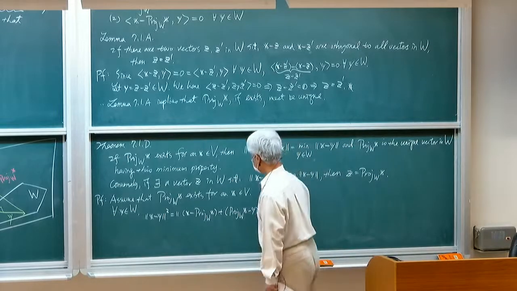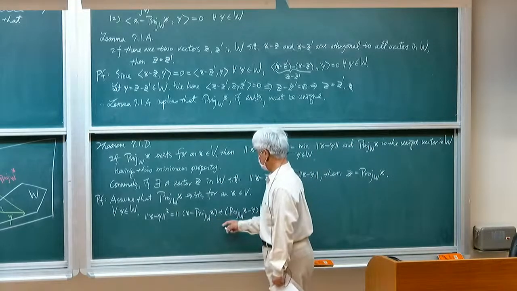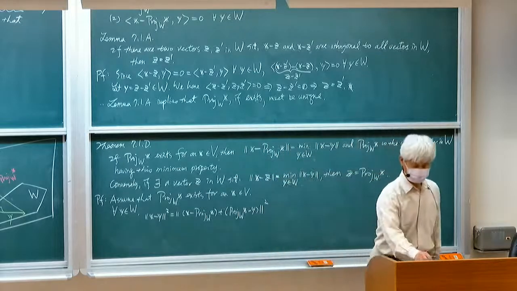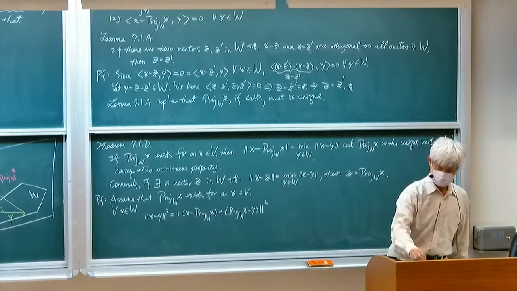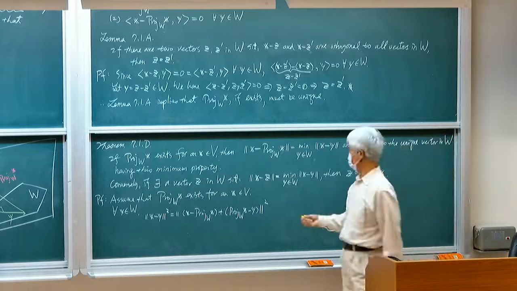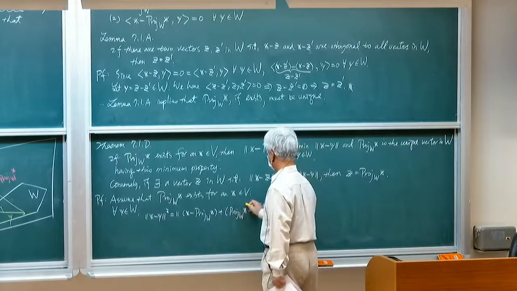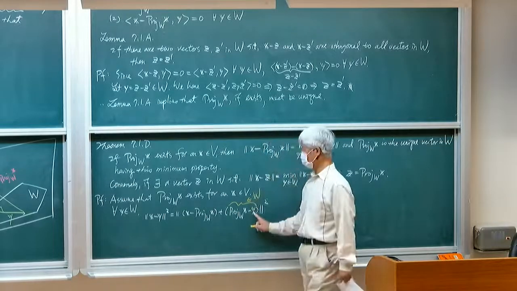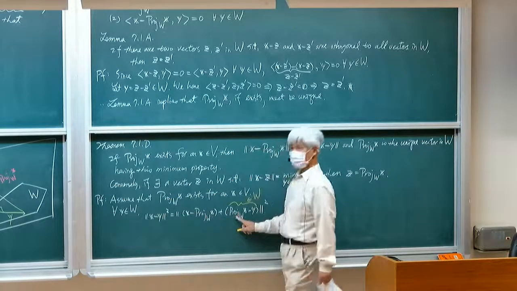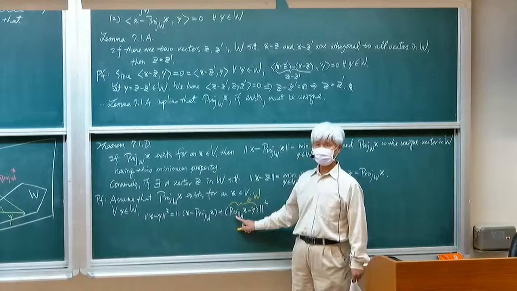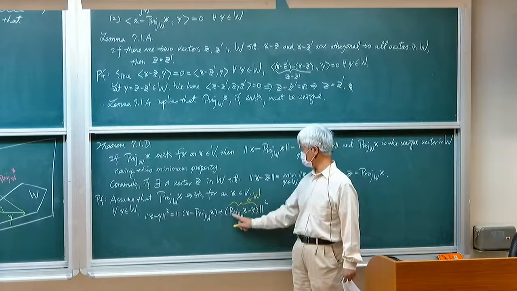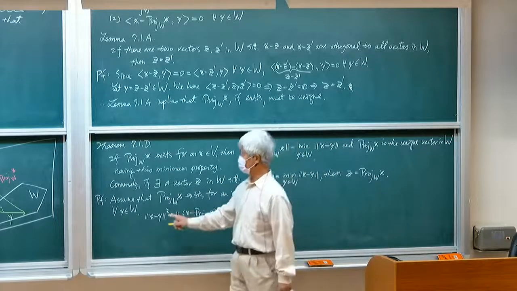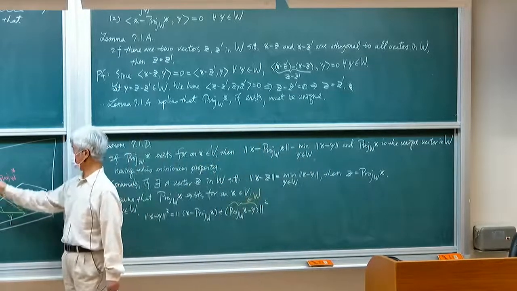All right, and by definition, we know this vector is in W, because Y is in W, and the orthogonal projection of X onto W is also in W. So this is a vector in W, and this vector is this red vector.